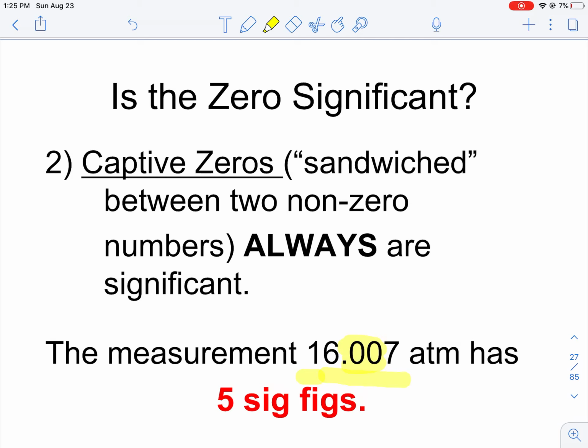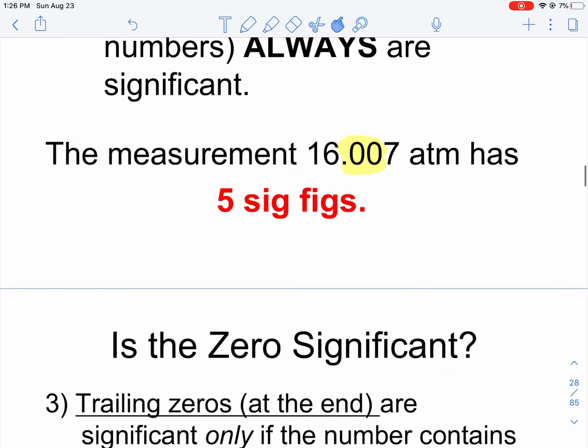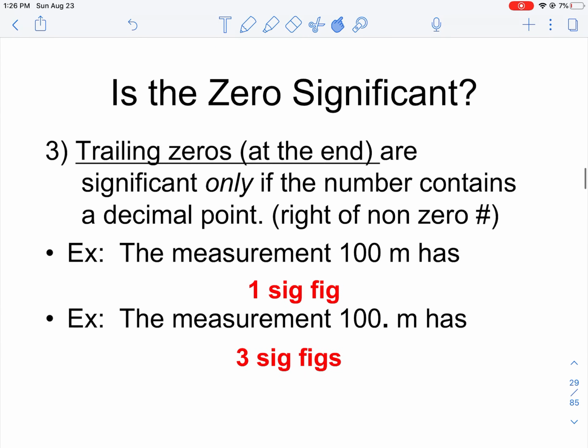So there are 5 sig figs in 16.007. Any zeros that are sandwiched are significant, and they're sandwiched between non-zero numbers, which are 1 through 9. Those 2 rules are pretty simple to remember.